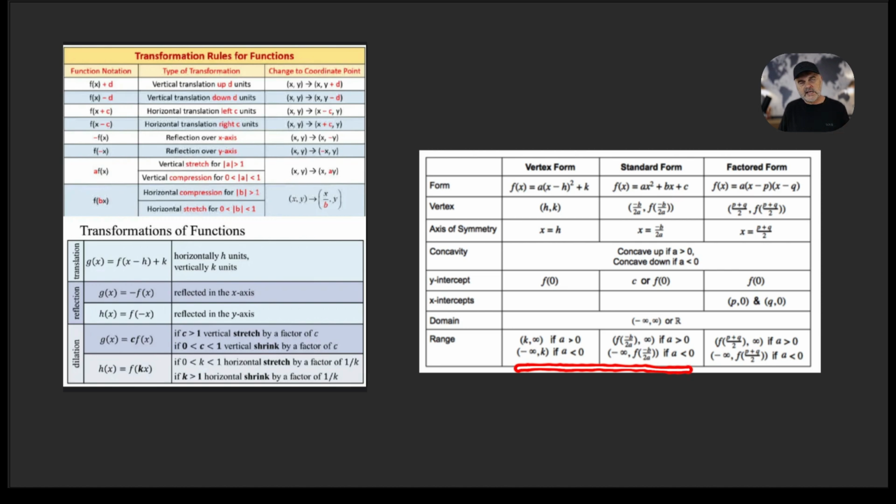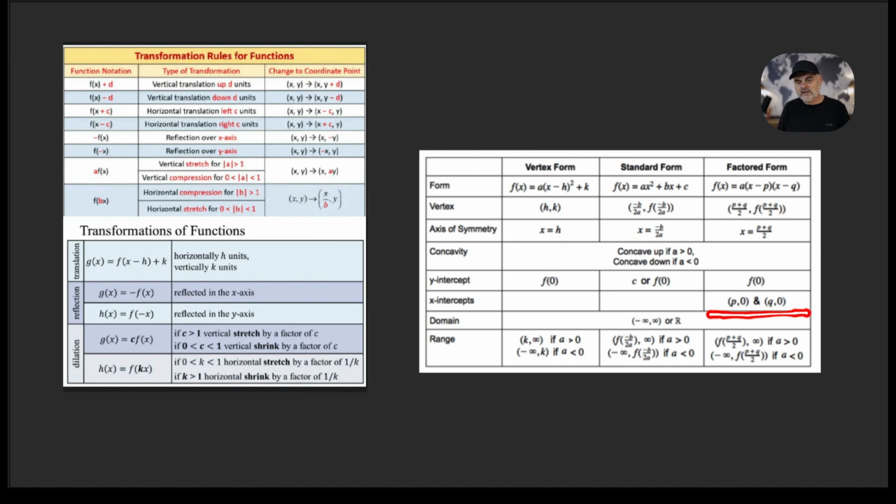If it opens up, then you have a minimum point, and any number above from that y coordinate of the vertex upwards represents the range. And when the parabola opens down from that maximum point of the y coordinate, you represent the interval showing that from this number downwards.